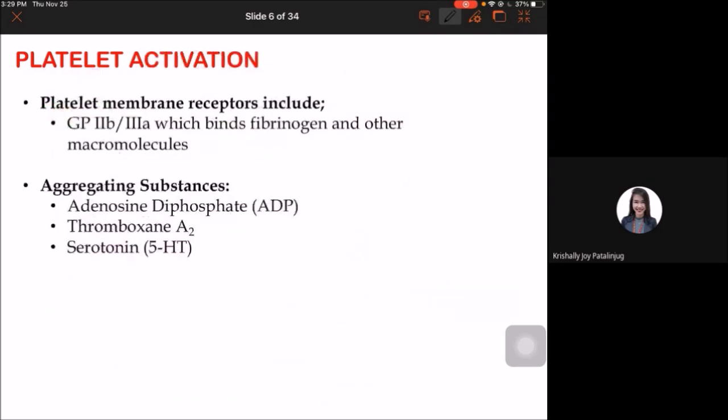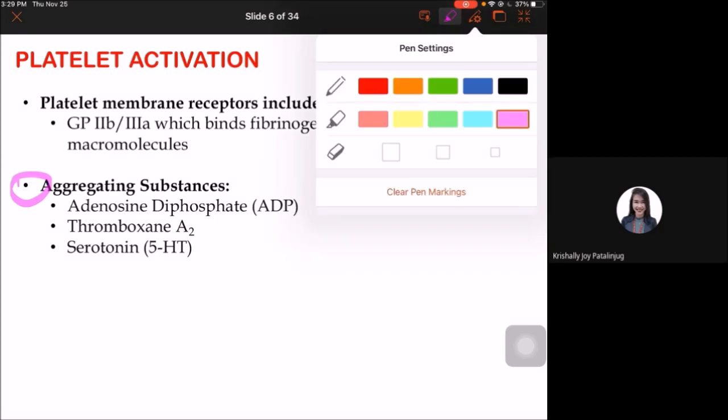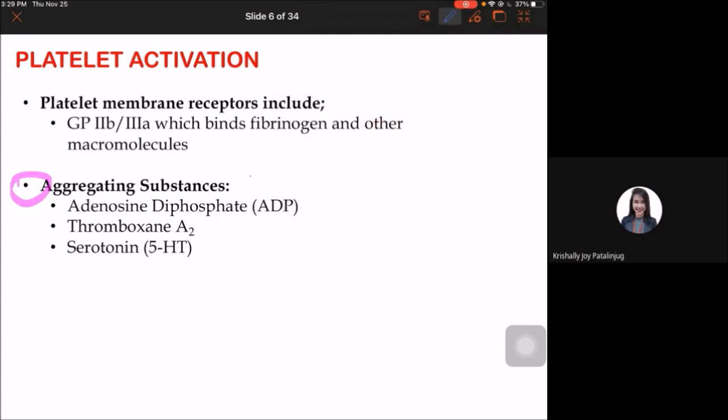Now, ang tawag natin sa mga messengers na yon, from platelet 1, are the aggregating substances. Again, ang tawag ay aggregating substances, or these messengers are also known as pro-aggregants. Okay, in fact, there are 3 pro-aggregants.